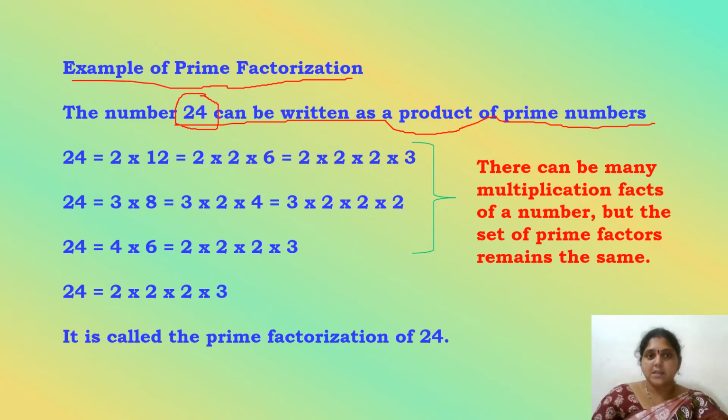How? We'll see here. 24 can be written as 2 into 12. Again this 12 can be converted into 2 into 6. Again this 6 can be converted into 2 into 3.